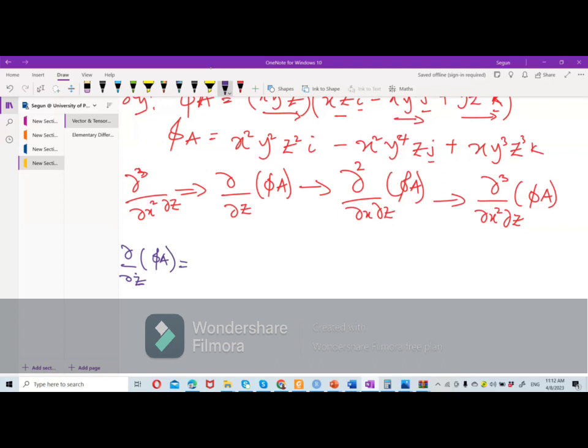So we know the definition of phi A. We are differentiating phi A with respect to z now. So what's going to be the first one? Anybody? Let's say d, the x, let me write it. x squared y squared z squared i, minus x squared y4 z j, plus xy cube z cube k, which is equals to, let's differentiate this one now.